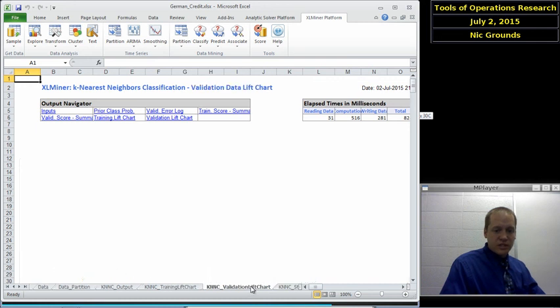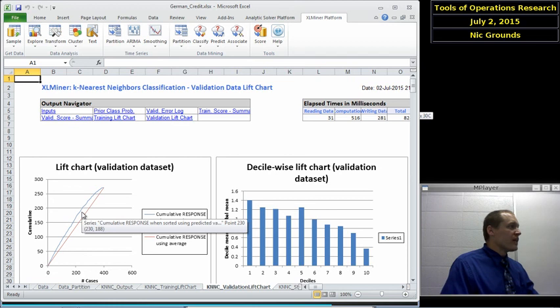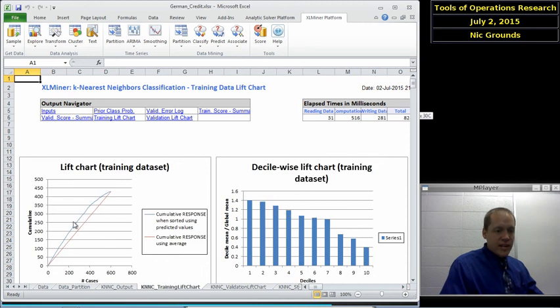In a separate Excel sheet, you'll see a lift chart for the validation data. And truly speaking, the validation lift chart is always the one you'd want to base your conclusion of goodness on. Obviously, you could say, how well did the data do predicting itself? I mean, if it did bad at that, then it's not doing good at all, right?